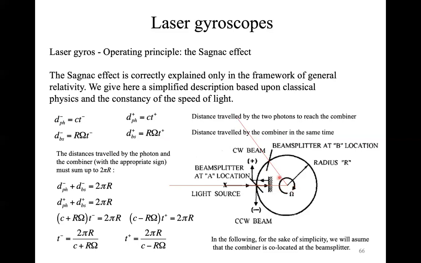Once the detector is rotating, and this is the case when you have, for example, a spacecraft, let's assume that you have mounted this path on a spacecraft, and this is an axis orthogonal, it's the axis with respect to which the spacecraft is rotating.